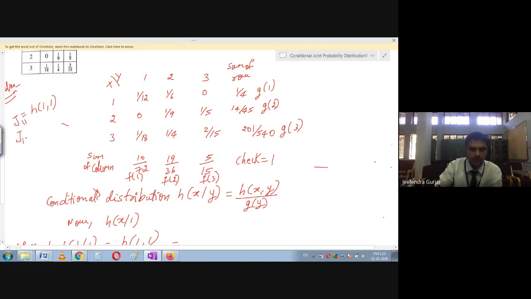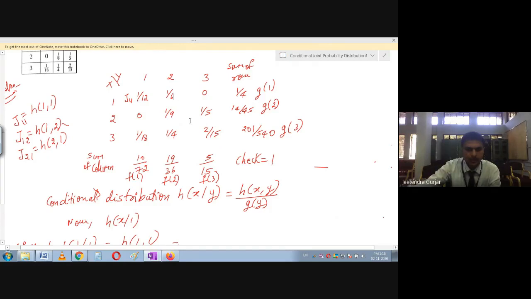Now what will be j12? Yes, definitely it is h12. Suppose if it is J21, so what will be the value? H21 value. So I think you have come across this is J11 and this is J12, J13, so J21. So all these values you are going to consider here as function h of x, y. So this is 1 upon 12 friends.